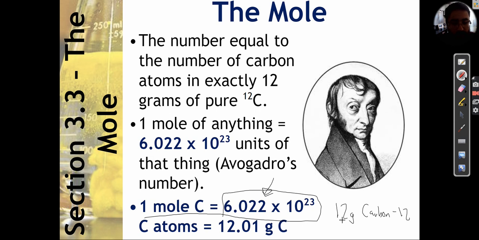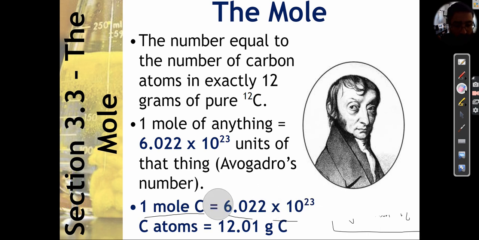So 12 grams of carbon 12 will have exactly 6.022, I think it's like 14 times 10 to the 23 atoms. All right. Now this becomes the definition of it, but you can apply the same definition to any other element on the periodic table.